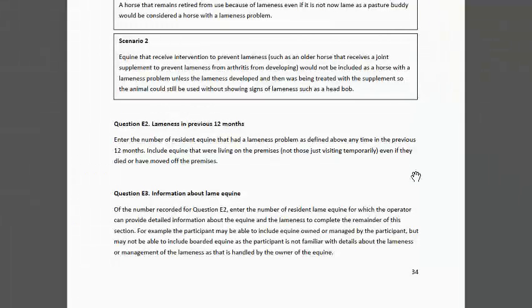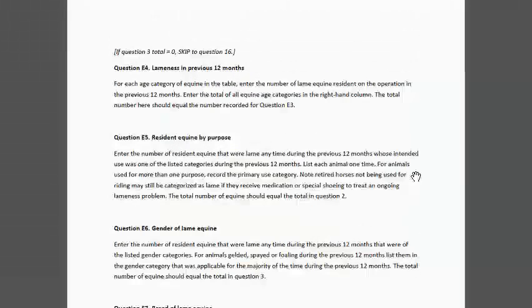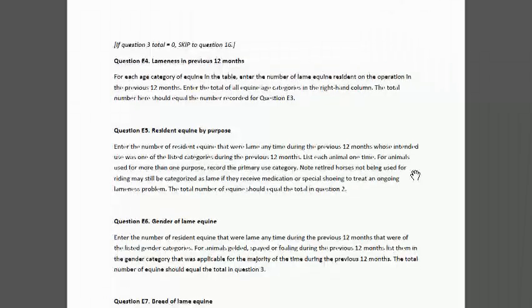So when we get into question 4, that's the beginning of the questions that should add up to the total number of animals recorded in the answer for question 3. And that phrase is the one that's going to repeat here. The total should equal the number recorded for question 3. And question 4 is a breakdown by age, and that is the age that they are today.